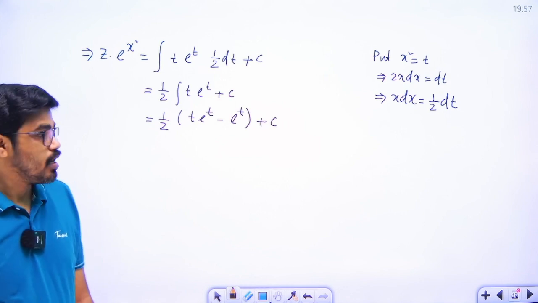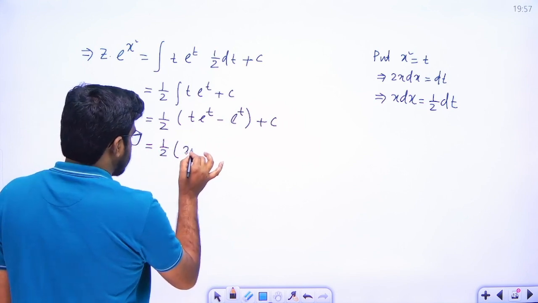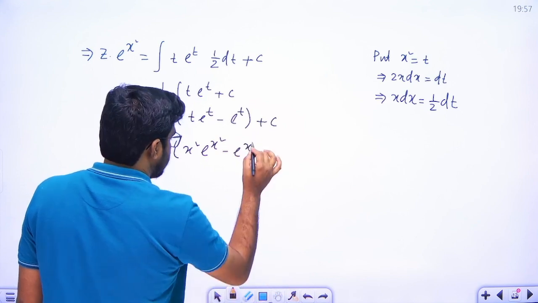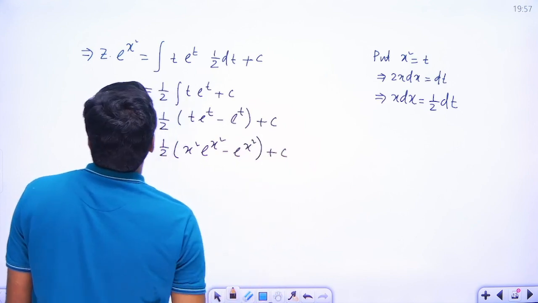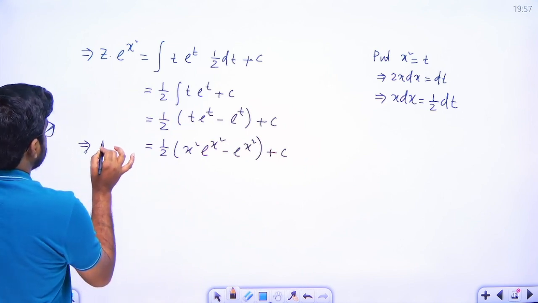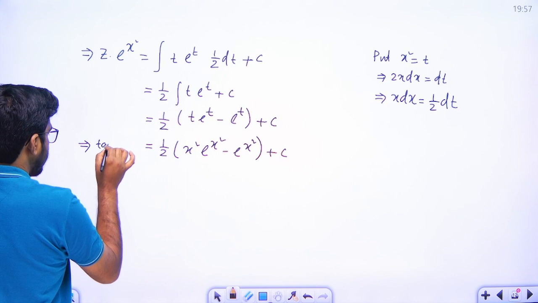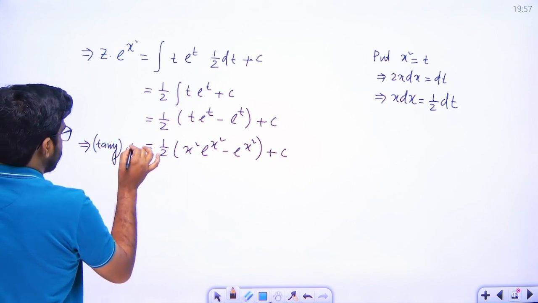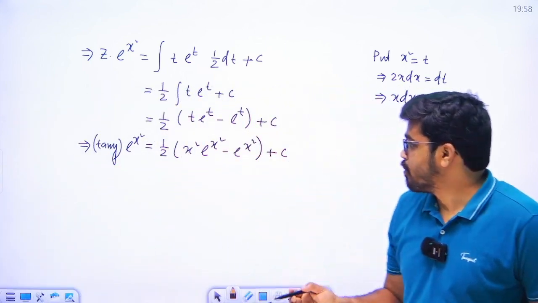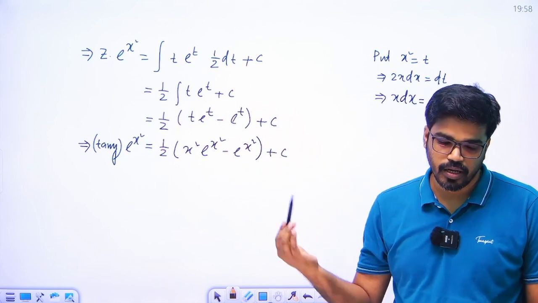Okay, so this equals 1/2, what is t? t is x square, so x square e to the power x square minus e to the power x square plus c. So z e to the power x square, what is z? z is tan y, so tan y into e to the power x square equals 1/2 x square e to the power x square minus e to the power x square plus c.